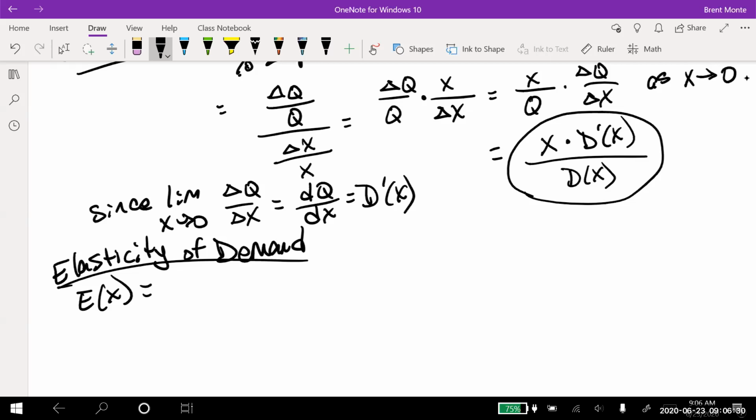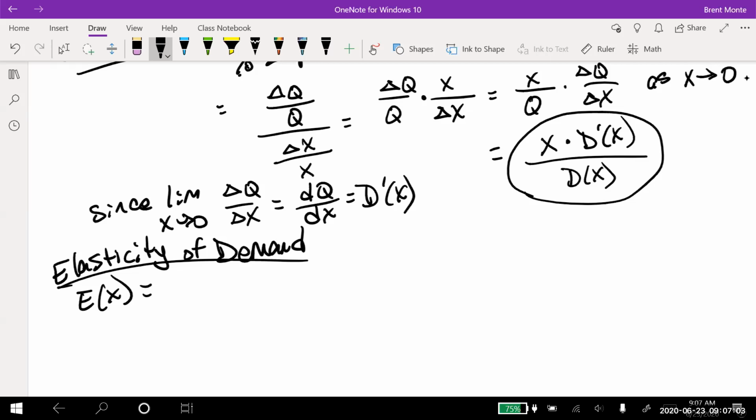Well, X is price, so it's positive. D of X on the bottom, that's the demand quantity, that has to be positive as well. D prime of X says, well, what happens to the demand when I increase the price? Well, again, remember, if the price goes up, quantity demand goes down. If price goes down, quantity demand goes up. So that D prime of X is always negative. Our author doesn't want this to be a negative number. In economics, I think it's typically a negative number for elasticity.